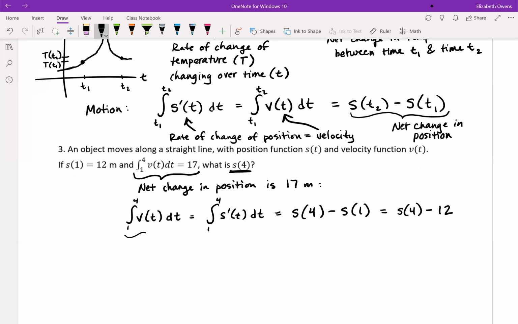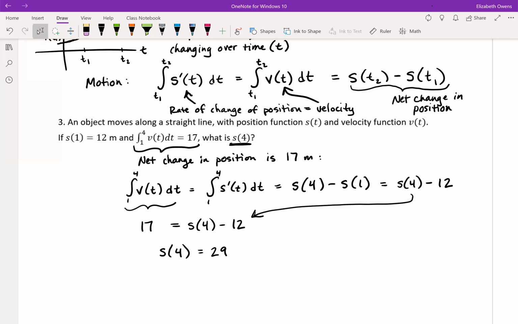Okay, so here we have that integral, which equals 17, and the net change theorem tells us that that net change, 17, is s of 4 minus 12, and we can solve for s of 4 really quickly in that way. S of 4 equals 29, and so our position at 4, I'm guessing this is in seconds perhaps, but the position unit here would be in meters.